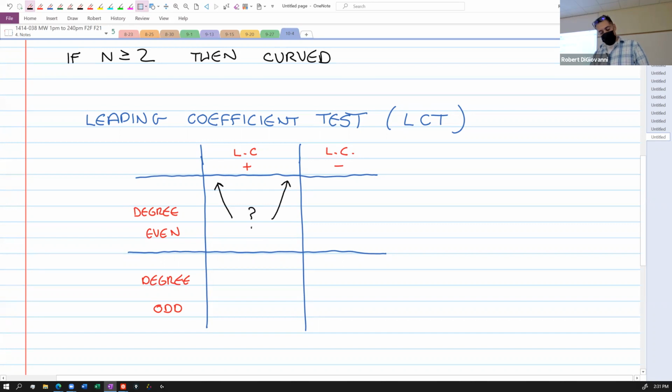And in the middle, put a big question mark, because that depends on the polynomial itself. We could have all sorts of crazy stuff happening in the middle. Now, if your degree is even and your leading coefficient is negative, all it does is flip that over and make it go down on the left and down on the right. And in the middle, again, we don't know.